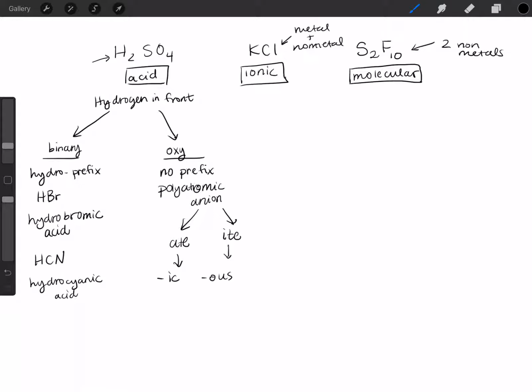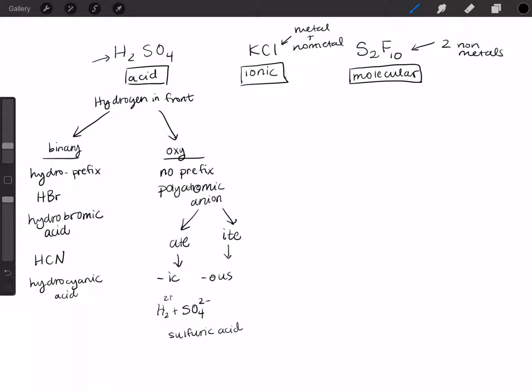Okay, so let's look at our example, H2SO4. What's the anion? Sulfate, right? SO4 2 minus. It has an ate ending. So this turns into what? Sulfuric acid. H2 plus SO4 2 minus.